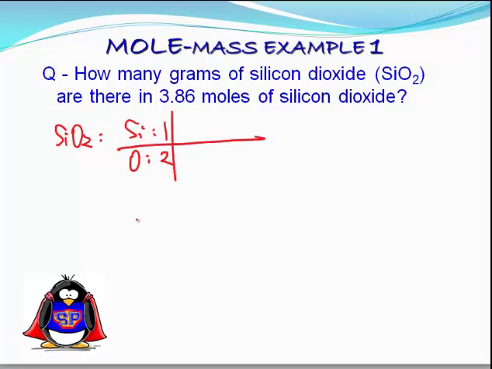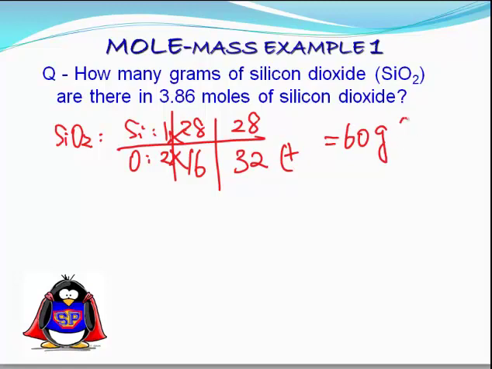Silicon molar mass is about 28. Oxygen will be 16. So multiply the columns, it's 28 still here, and 32 is showing up. So add all those together, you can get 60 grams of SiO2 will be equivalent to 1 mole of the silicon dioxide.